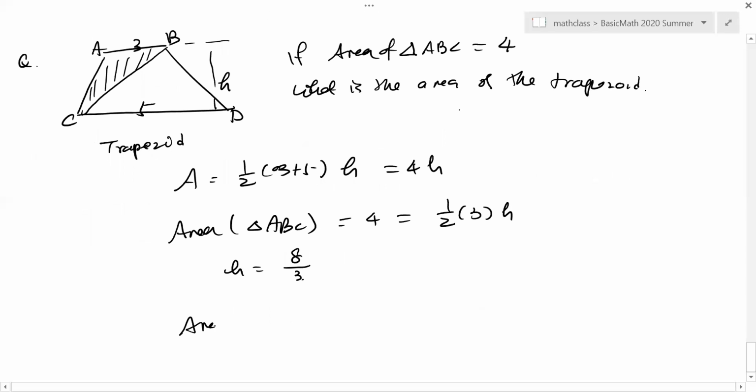Therefore, the area of the trapezoid, let's call it ABCD, is going to be 4 times H, 32 over 3. 32 over 3, Charles. It's not 8 over 3. Yeah, 8 over 3 is just the height, yes.